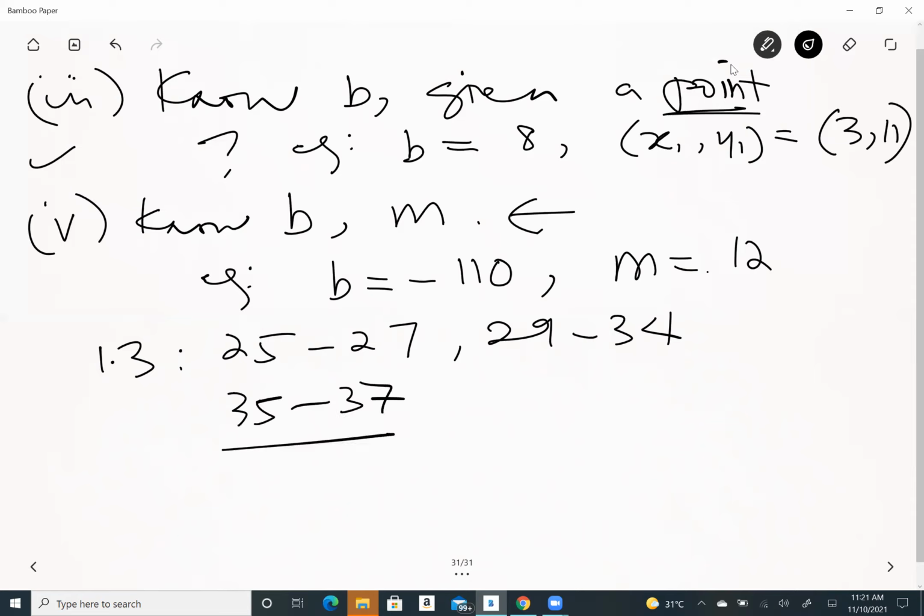Now you don't have to do all these questions. You do up to the point you are comfortable. If you are already good, you know everything, then you do 1 or 2. If you are not so sure, then you have to do more. I'm not asking you to do all.